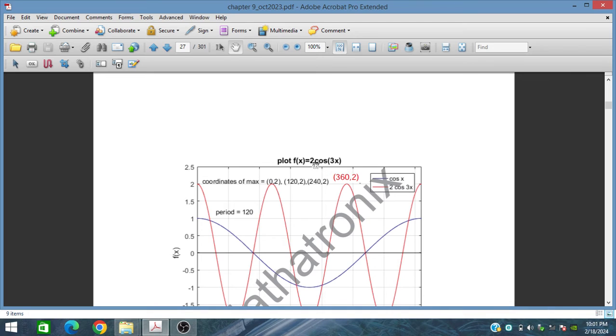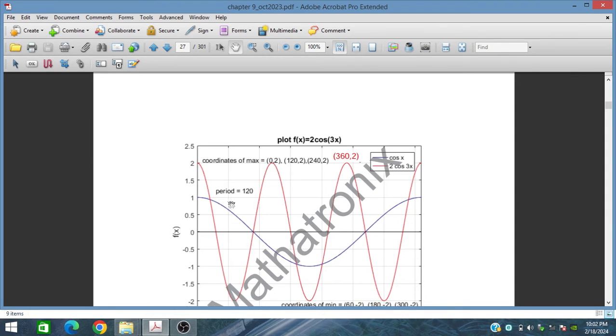Similarly, for this 2 cos 3x, we have also plotted the cosine function for basic understanding. This is cos function, and we have 2 cos 3x. So this red one is basically 2 cos 3x. Cos maximum value is 1, which is here.